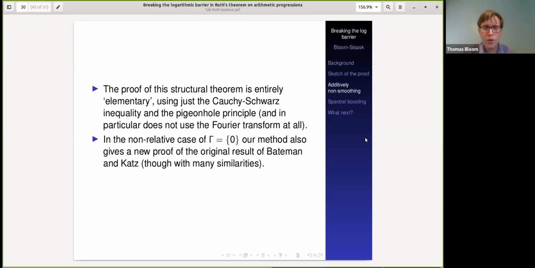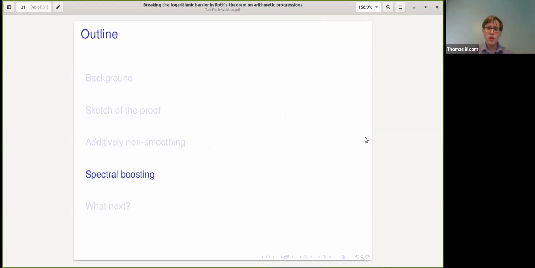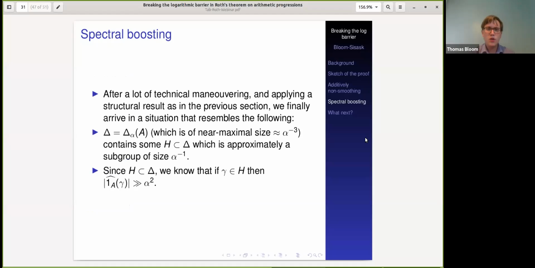Okay. So now I'm going to move on to talking about this other key component of spectral boosting. So essentially the situation where it's used is this. After a lot of technical maneuvering and applying some structural result like on additively non-smoothing sets, as mentioned in the previous slide, essentially in the hardest case you finally get into a situation like the following.